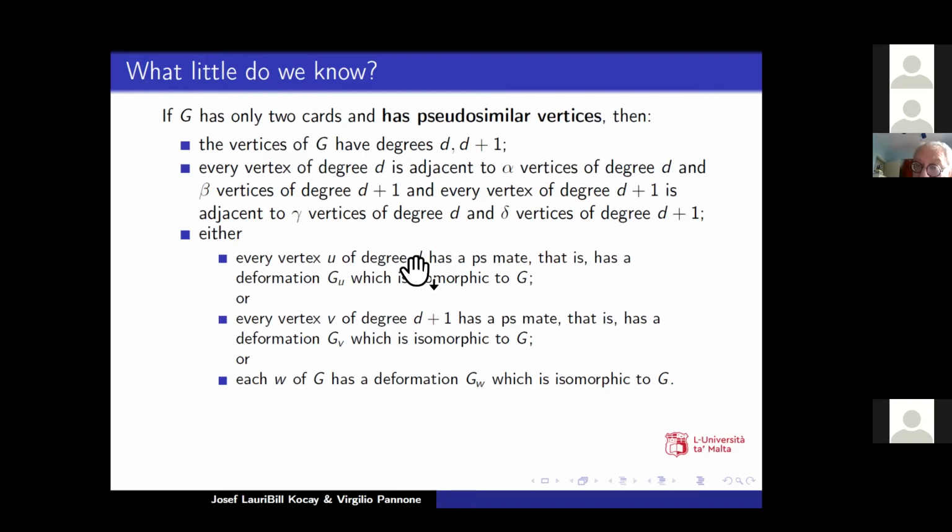As soon as we have one of that degree, we will have all of them. Or similarly, all vertices of degree d plus 1 are deformable, or it could be that both vertices of degree d and vertices of degree d plus 1, all of them are deformable, which is not saying mutually pseudosimilar.